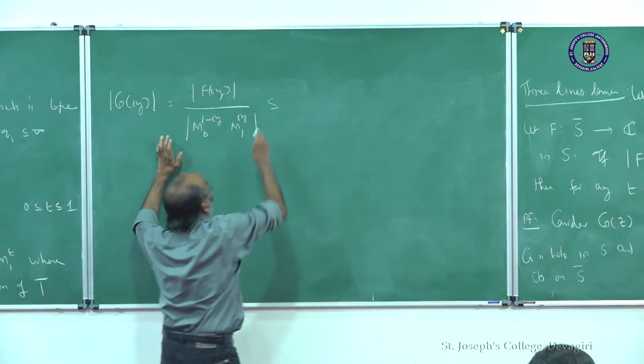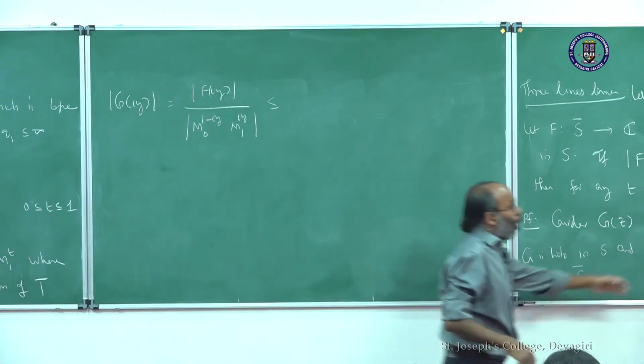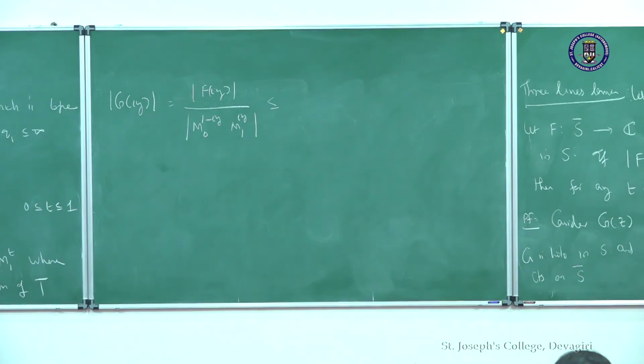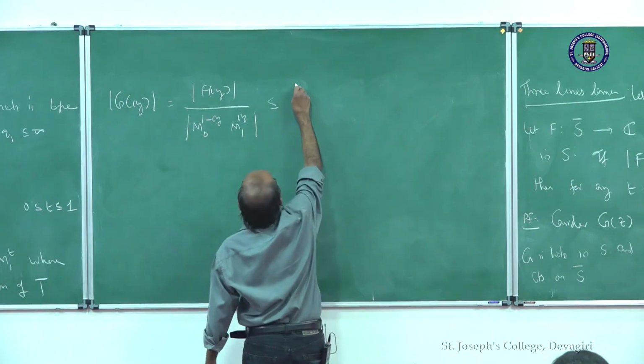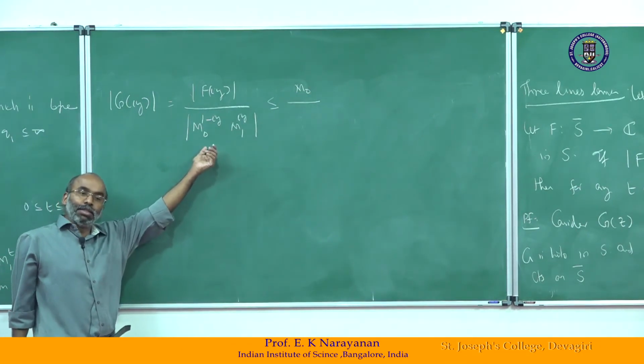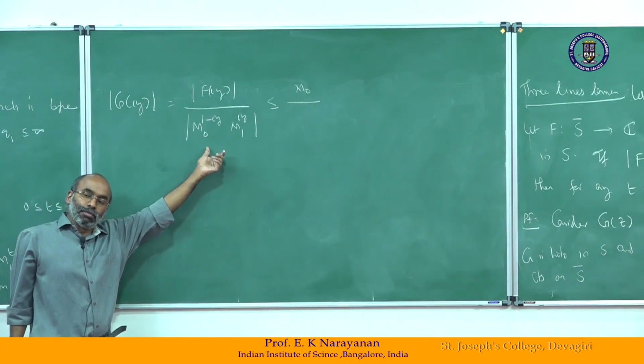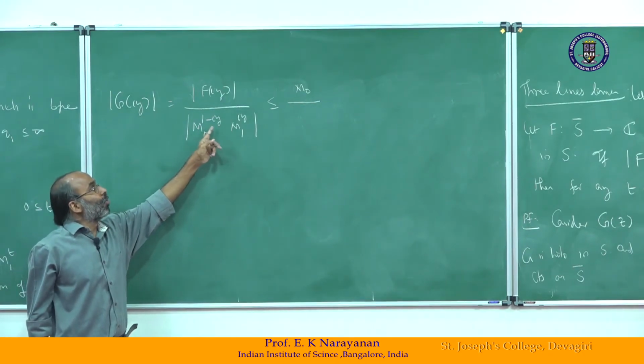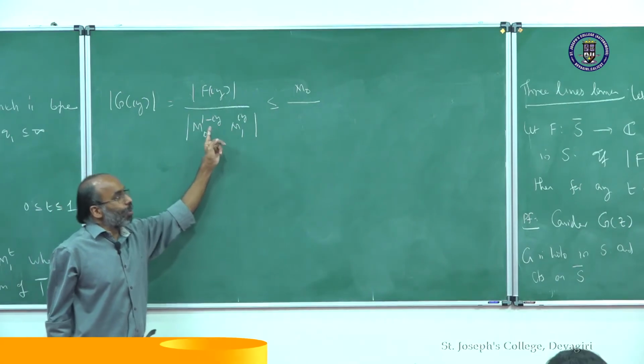This is less than or equal to the bound of f on the imaginary axis, which is m0, so I'll have m0 on the top. What is the denominator? That is just m0 to the 1 and m0 to the minus iy.